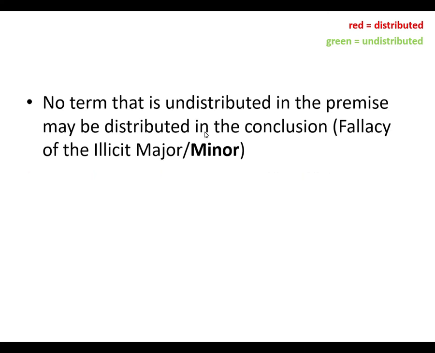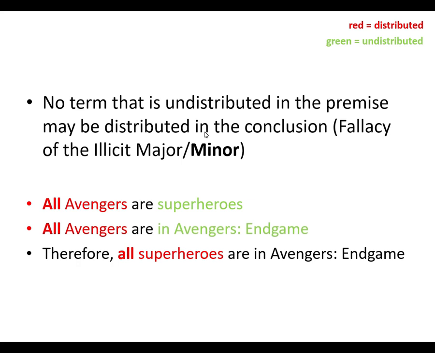For the sake of completion, an example here of an illicit minor fallacy. All Avengers are superheroes. All Avengers are in Avengers Endgame. Therefore, all superheroes are in Avengers Endgame. Not quite. We have illicitly distributed the subject, or minor term, of the conclusion. Superheroes was not distributed in the premises, so it is invalid to distribute it in the conclusion.